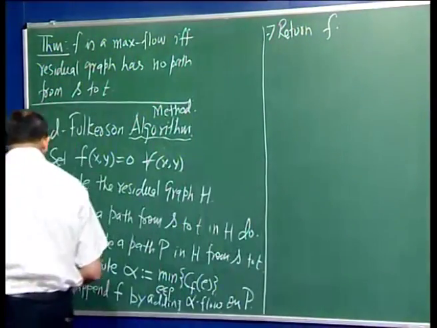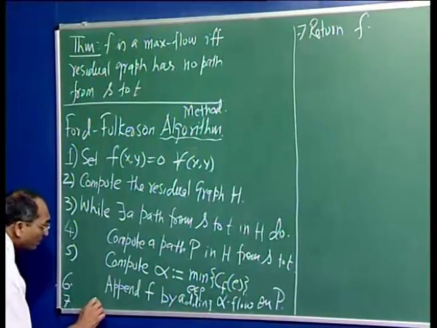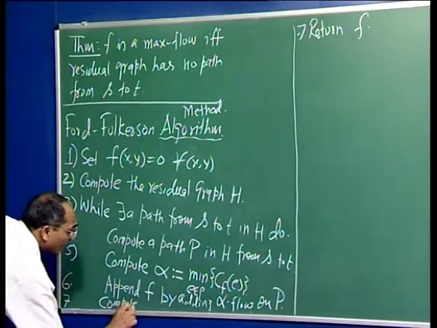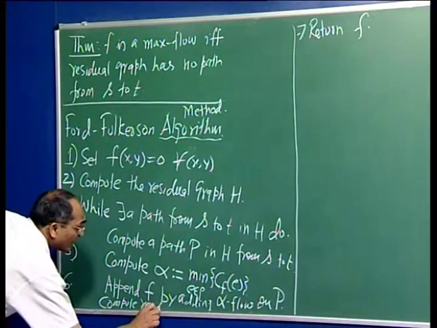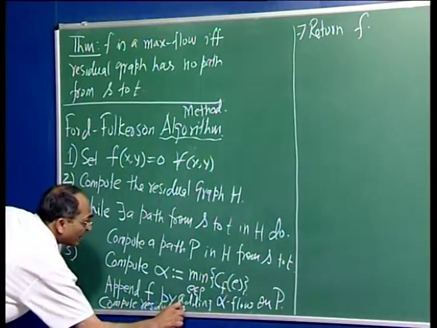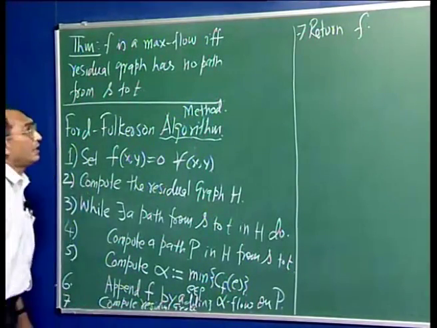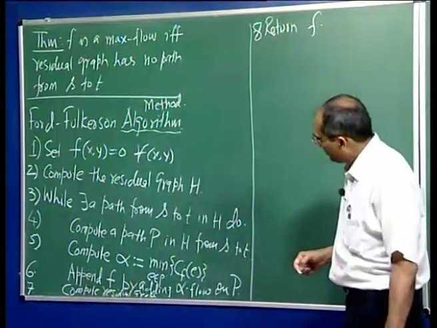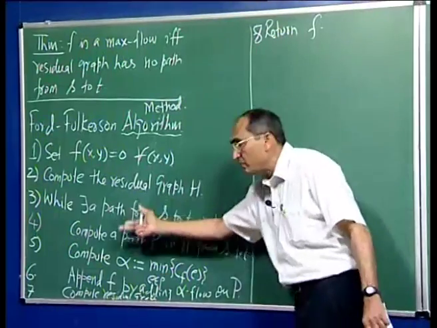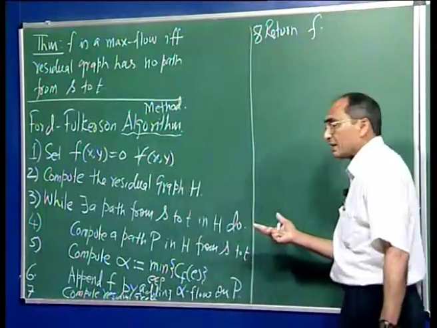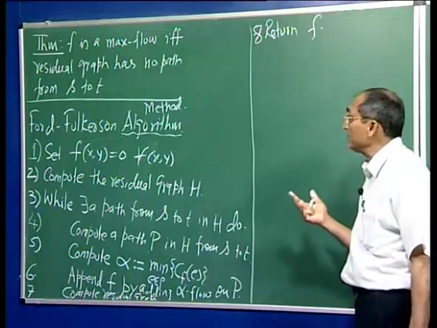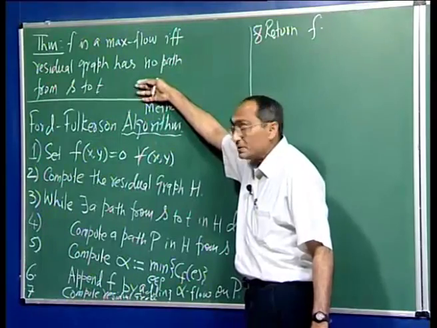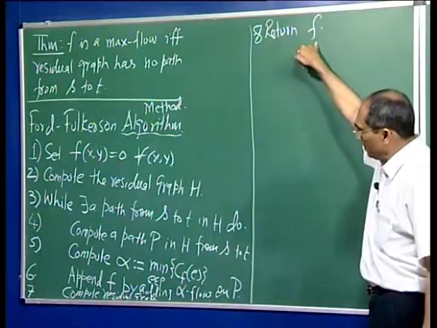Okay, to be precise, I should say compute residual graph, and that would be it. So, if we come out of this loop, then we know that the residual graph has no path from S to T, and then this theorem tells me that this flow has to be maximum. So, this correctly returns a max flow.